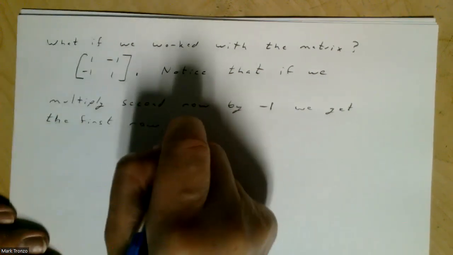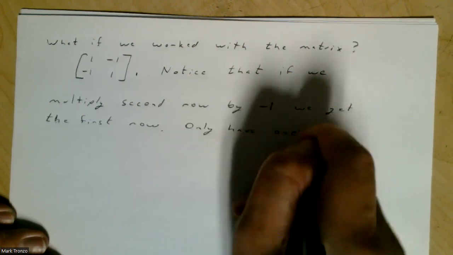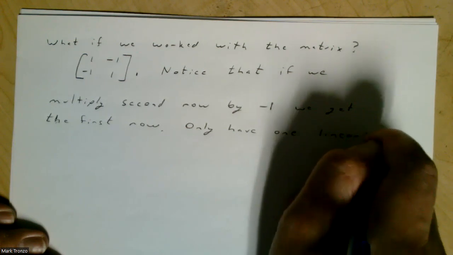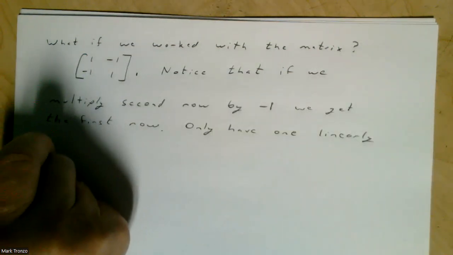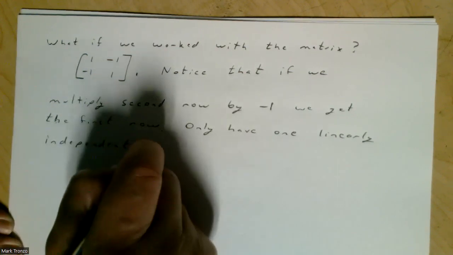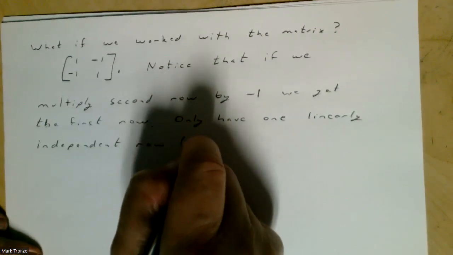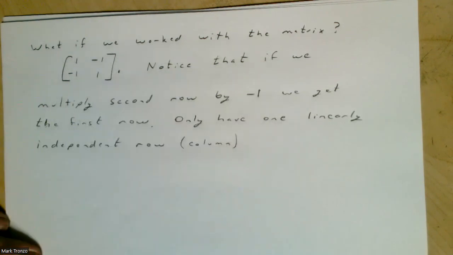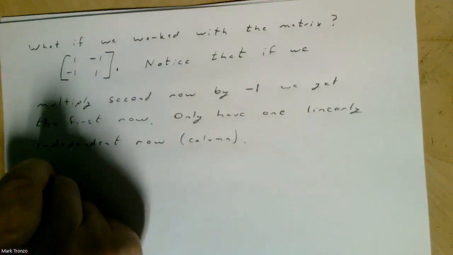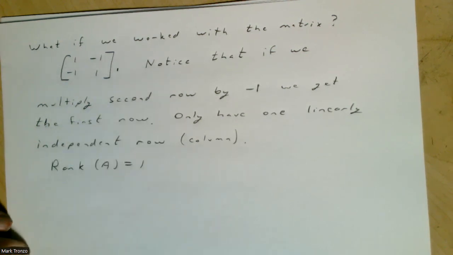So we only have one linearly independent row. And you would have gotten the same thing if you work with the columns. Let me just put that in parentheses. So the rank of A was equal to 1, which is the same thing we got when we worked with just the linear transformation.